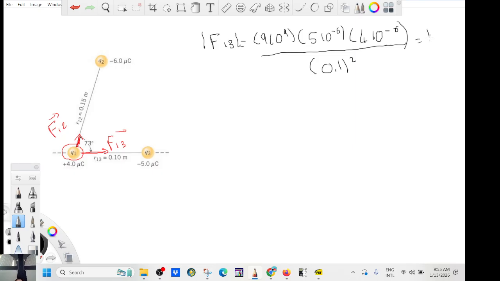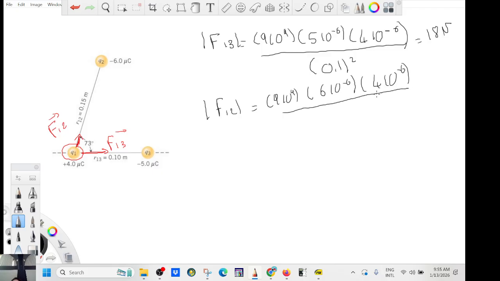One shot. Good morning. If you want me to do it with a TI just to show you I can do it, and then 1, 2, same thing, one shot. And then 6 times 10 to the negative 6, and then you have 4 times 10 to the negative 6, and then you have the distance squared, which is 0.15 squared.